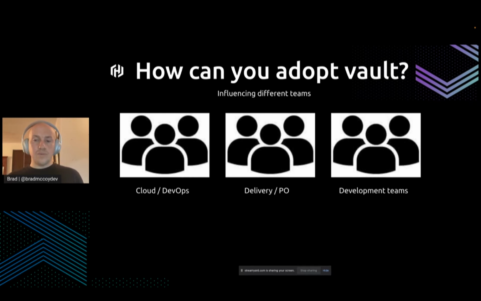Having that collaboration and breaking down those silos of what DevOps is about really helps. You can also do a bit of cross-pollination. You can take someone out of the cloud team, stick them in the development team, and put a developer in the cloud team, and see how both worlds work, and break those silos down. That will accelerate how you can adopt Vault and make your life better.